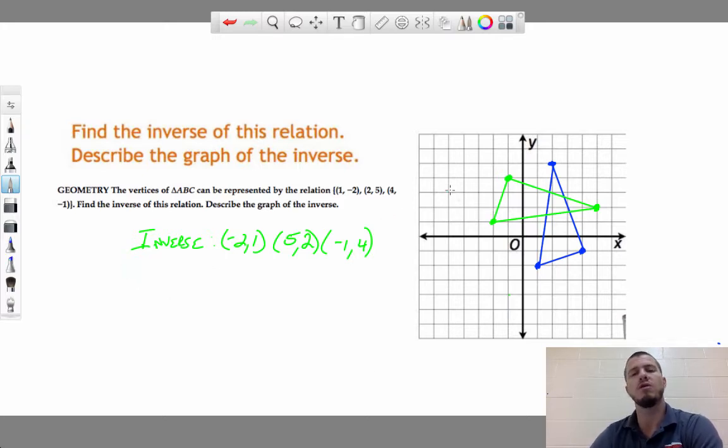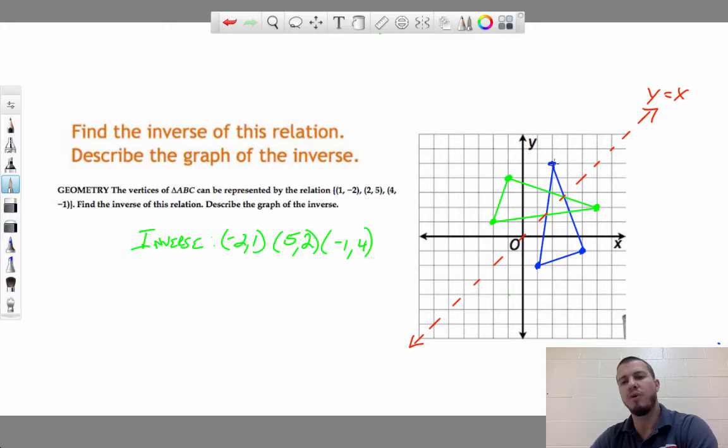What I want you to notice here is that these points reflect on the graph, but they don't reflect across the y-axis, they don't reflect across the x-axis. They reflect across this line that is y equals x, and it's going diagonally through quadrant 1 and quadrant 3.